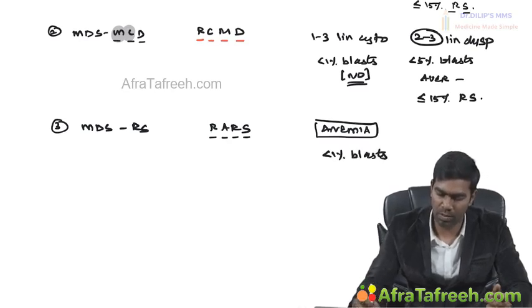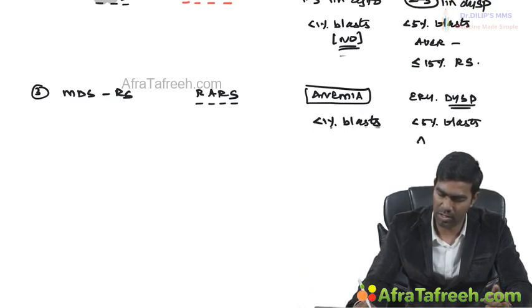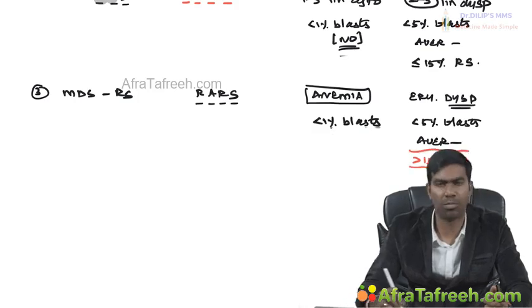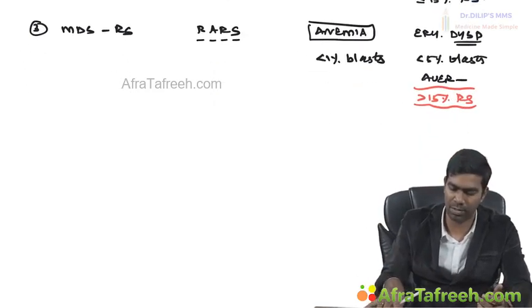In the bone marrow, you are going to see only erythroid dysplasia, only one lineage dysplasia. Again, you will see less than 5% blasts, and you will not see any Auer rods. But remember, there will be more than 15% ringed sideroblasts in the bone marrow. Very important point. That's why I was telling you from the beginning, less than 15% ringed sideroblasts.